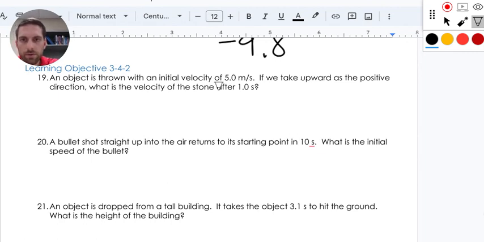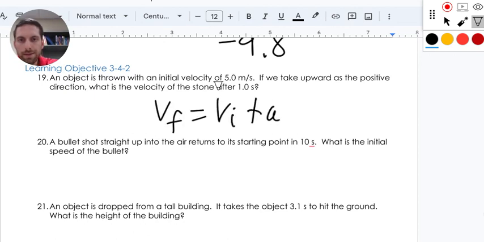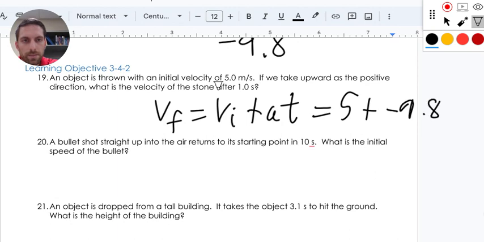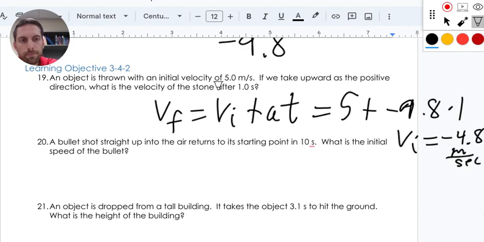Stone after 1 second. So Vf equals Vi plus at equals 5 plus negative 9.8 times 1. Vf equals negative 4.8 meters per second.